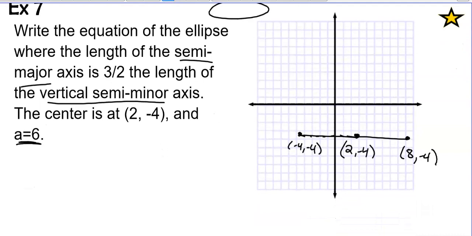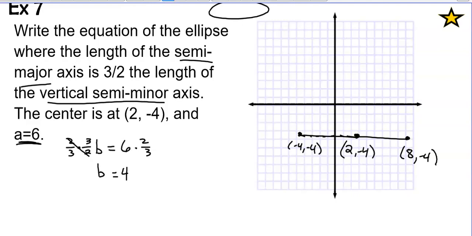Okay. And then it says that this semi-major axis is 1.5 times the length of the vertical. So what that means is that we need to multiply the b by 1.5, or by 3/2, in order for it to be equal to the major, to be equal to 6. To figure out what that's going to be, we just multiply by the reciprocal. So 6 times 2 is 12. 12 divided by 3 is 4.